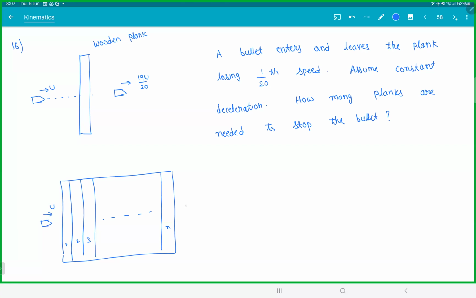So you enter with u and you want the bullet to get stuck here. Let's get this. Right, Ahana. Yeah, most of you got the answer, I know, but solve. I hope you solved it and got it without guessing or remembering. We are not a memory competition class. Let's solve.